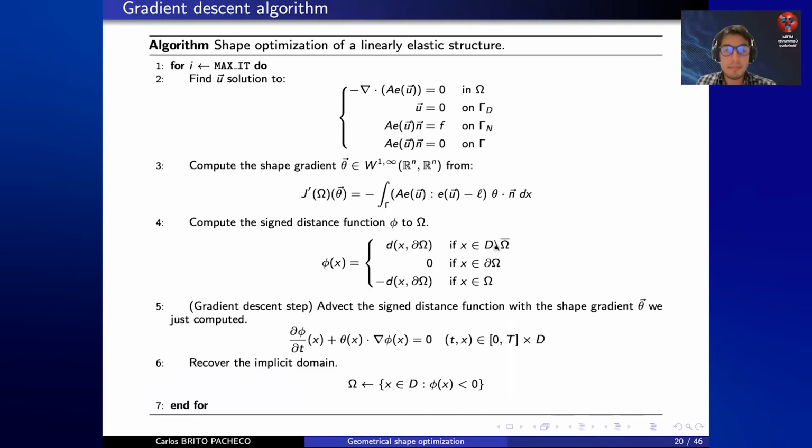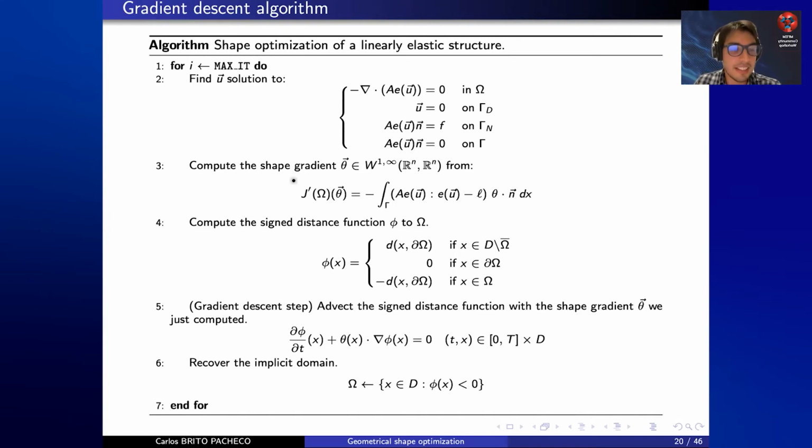So with this in place, we have all the necessary ingredients to propose a gradient descent algorithm. So usually you iterate over this. The first step is you find a solution to the elasticity. So you find the displacement, so you solve the state equation. You somehow compute a shape gradient from this expression.